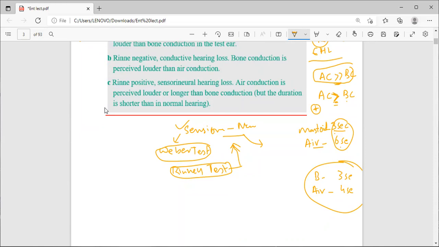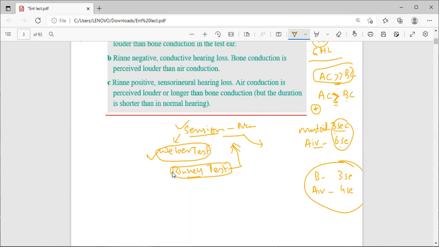Okay, so I was telling you that for sensory neural hearing loss in any ear, the proper test to do is the Weber test. But if somebody asks you to perform a Rinne test on sensory neural deafness, what result are you going to get?